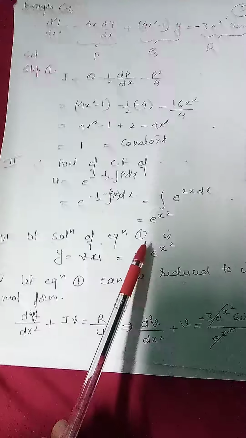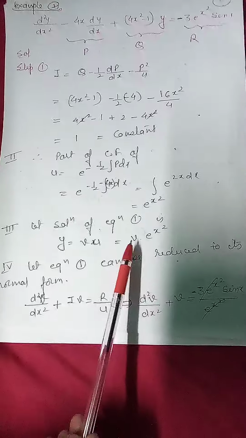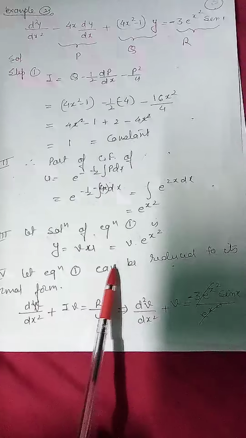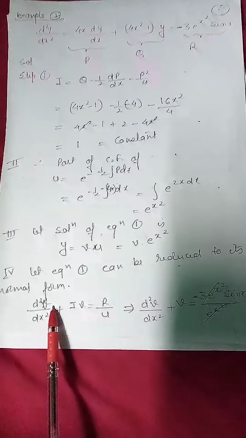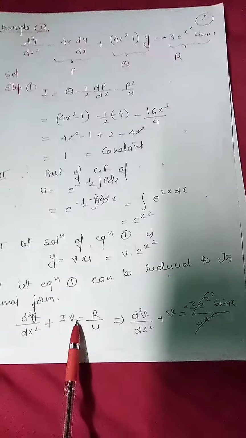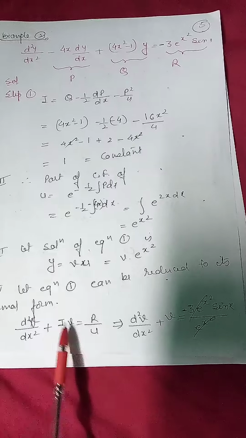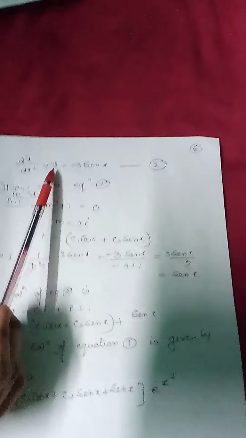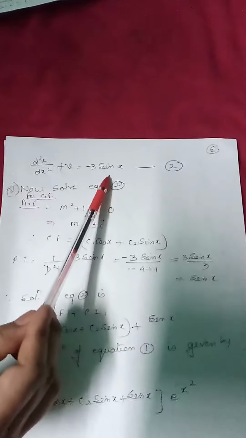Let the solution of equation 1 be y is equal to vu, v into e raised to x square. Equation 1 can be reduced to its normal form d2v upon dx square plus iv is equal to r upon u. Putting the values of I, r and u, we have d2v upon dx square plus v is equal to minus 3 sin x.